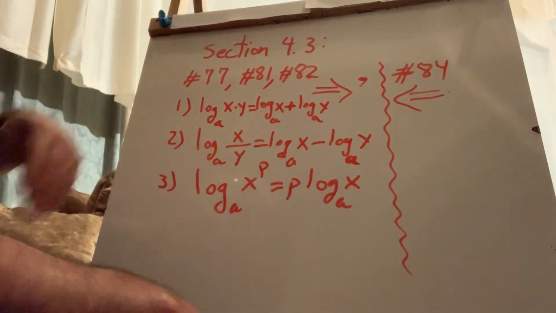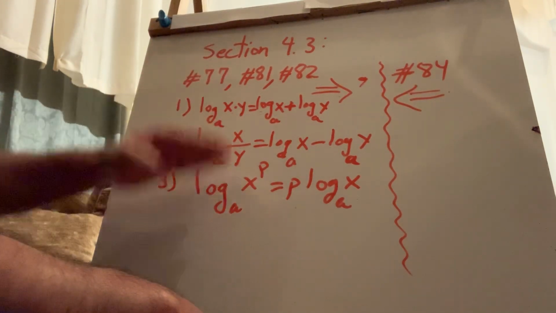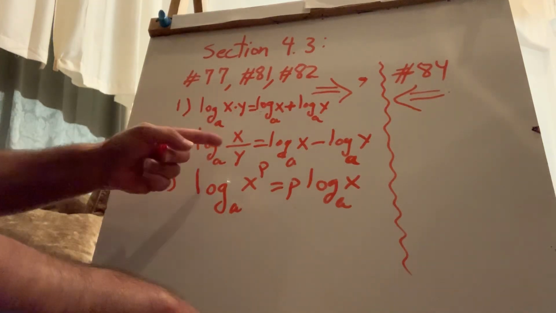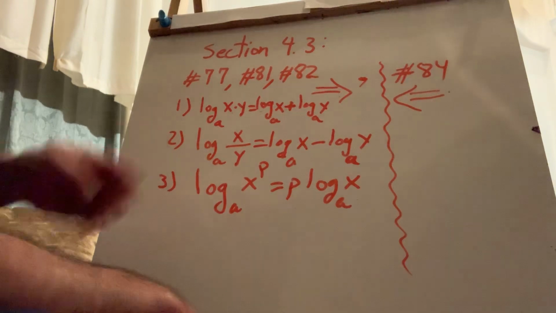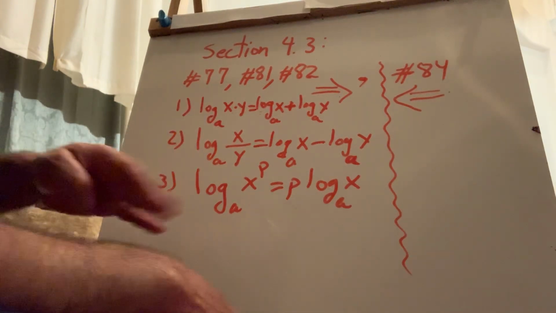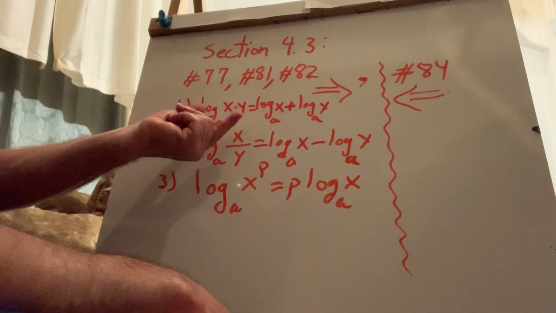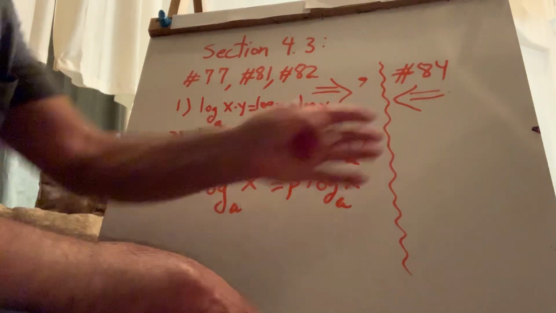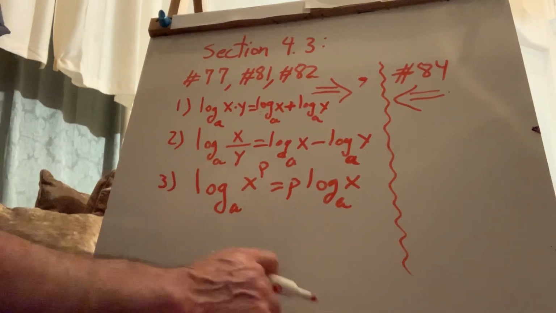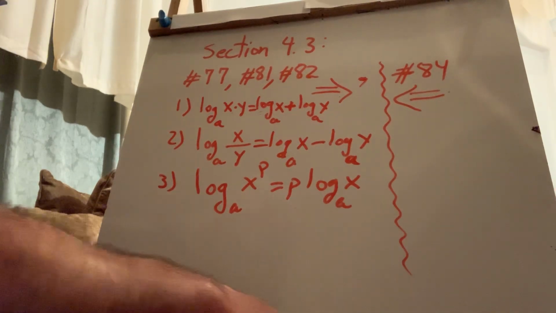They want you to apply these three properties of log to remove all products, remove all quotients, and remove all powers, okay? Some books call this expanding, because you take one log and write it as a sum of two logs, a difference of two logs, or sometimes more than two logs.